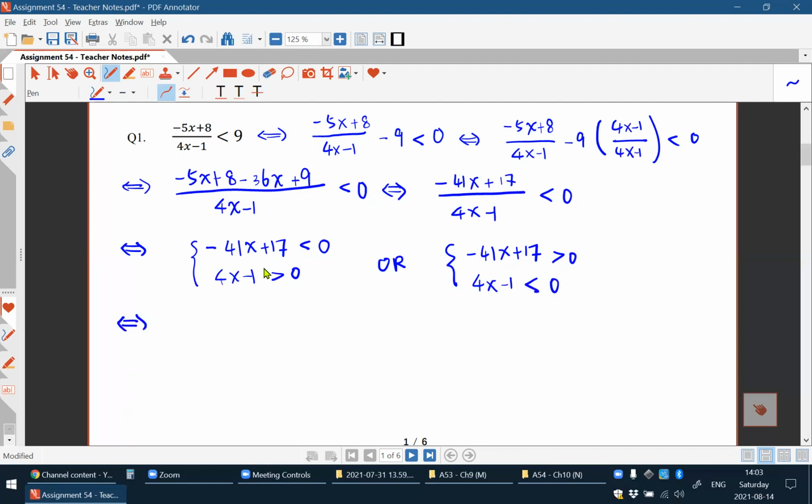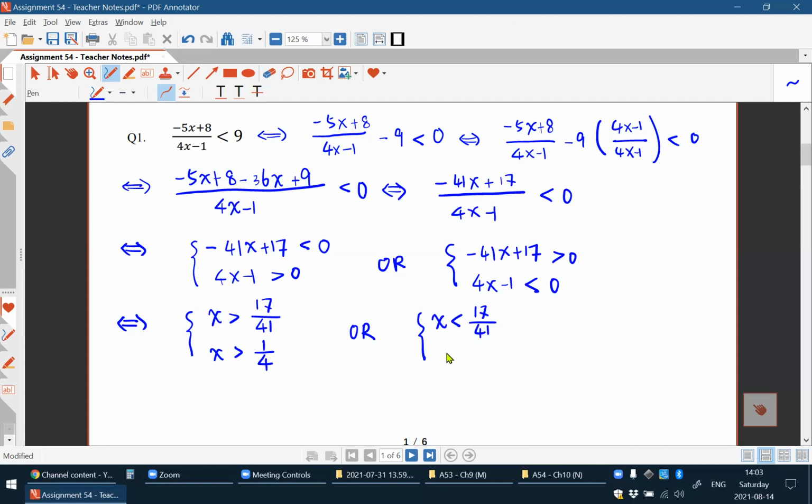Now let's solve the two separate questions here. The first question is equivalent to x greater than 17 over 41, and x should also be greater than 1 over 4, right? The second sub question is equivalent to, first of all, x should be less than 17 over 41, right?